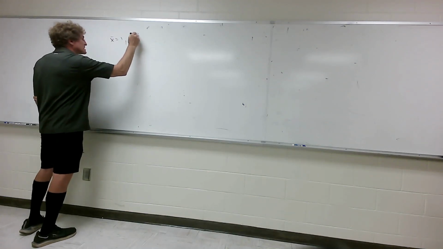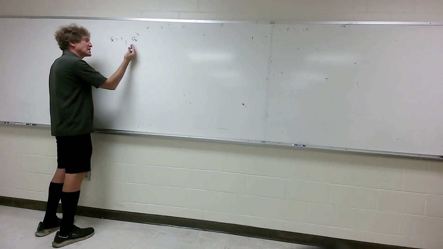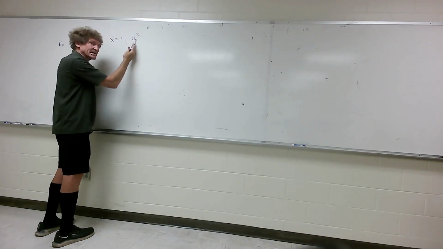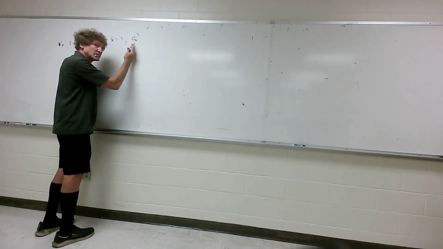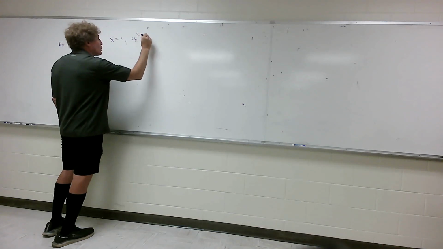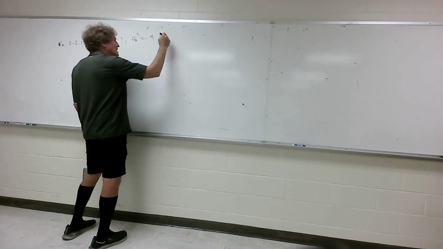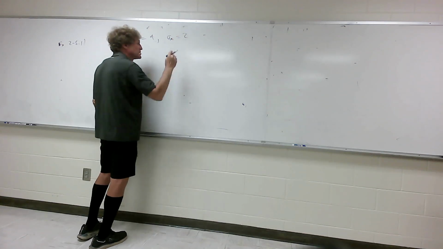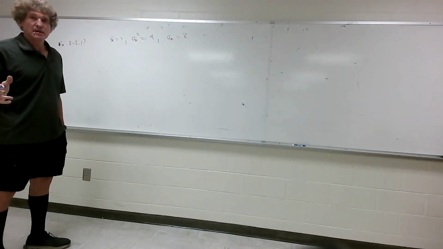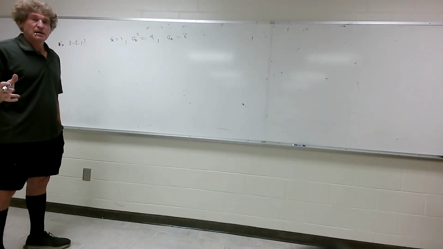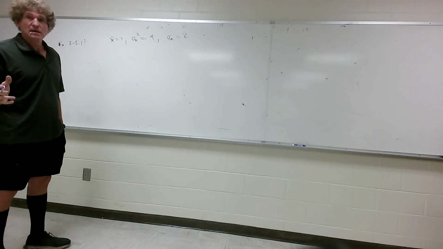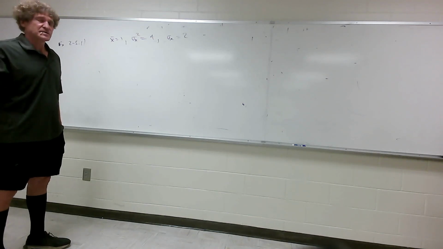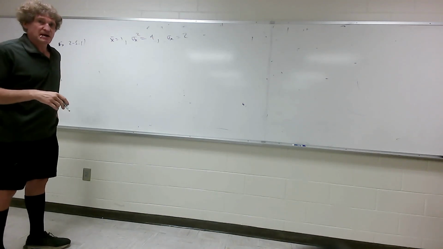Now make sure, I try to get you guys to do this, put an X there. This variance is associated with the variable X. The variance is 4, so right away that means the actual standard deviation is 2. It's not the homework problems, but in the back of the chapter, this is the exercise.